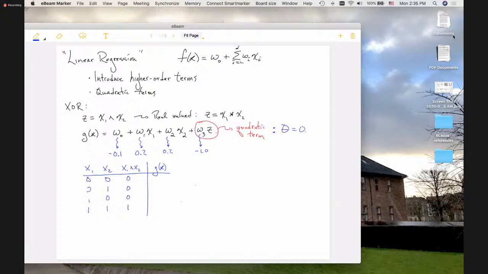Now we can just plug in the numbers and notice that for the first one, that's just negative 0.1 because the other three terms drop out. And then, let's see, we've got negative 0.1 plus 0.2, which is plus 0.1. That's because the W1, X1 term drops out since X1 is equal to 0. Z also drops out because the AND would equal 0.